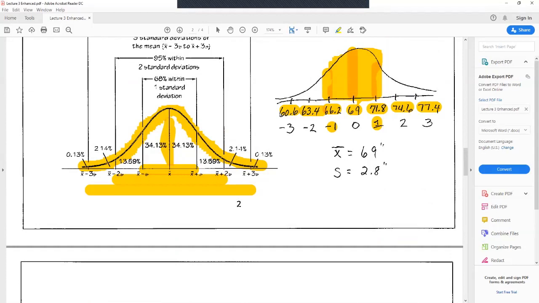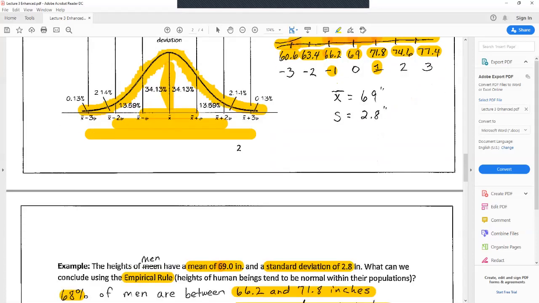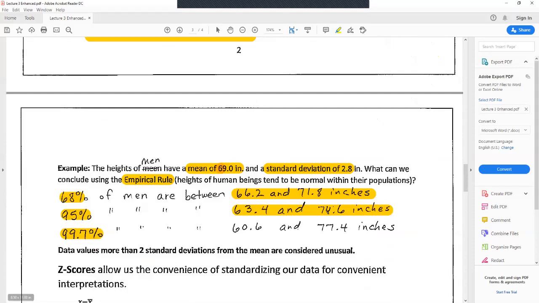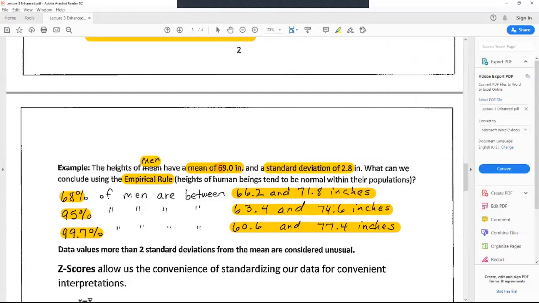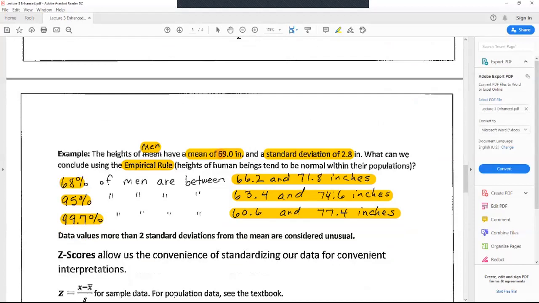It tells us that pretty much all men are somewhere in this height range, right? Pretty much all men are within 3 standard deviations from the mean. I probably shaded a little too much on the tails, but you get the point, I hope. So 99.7%, pretty much everyone is between 60.6 and 77.4. I shouldn't say everyone, I should say all men, because this is only referencing men.